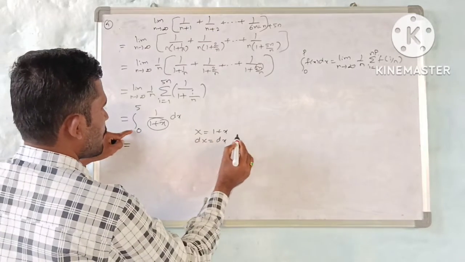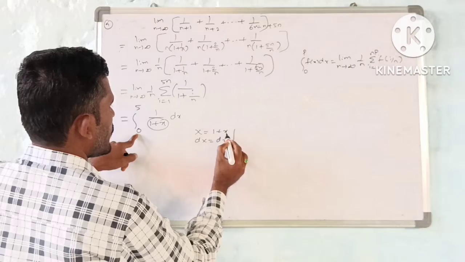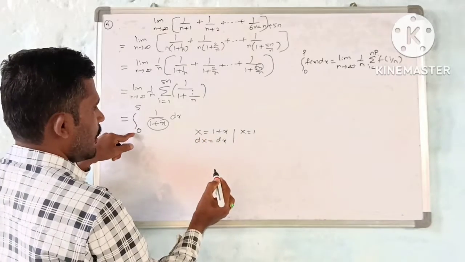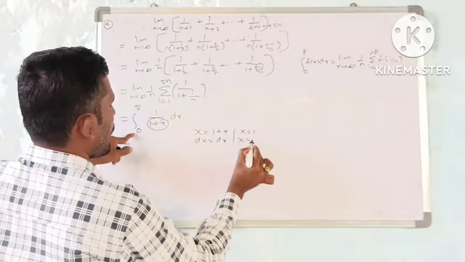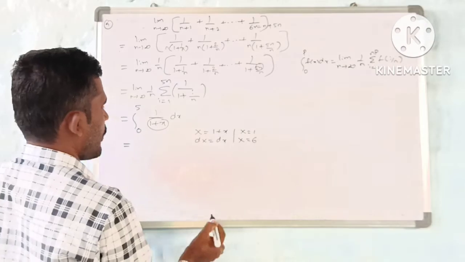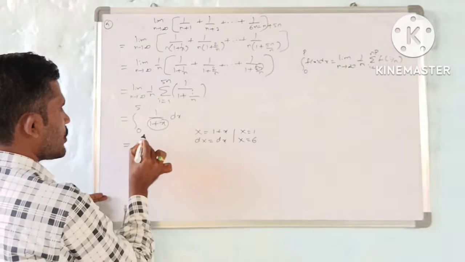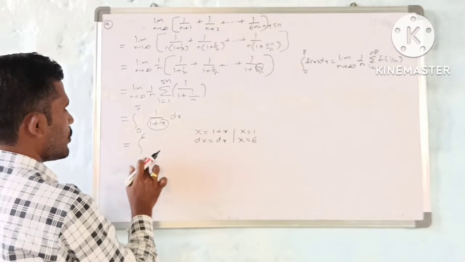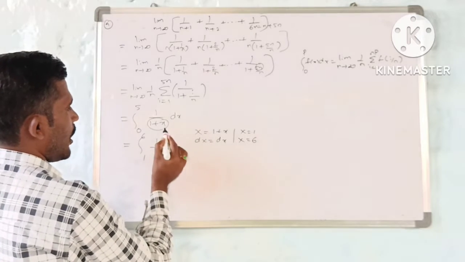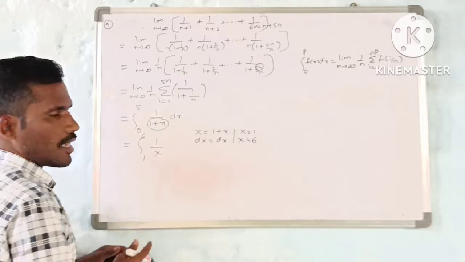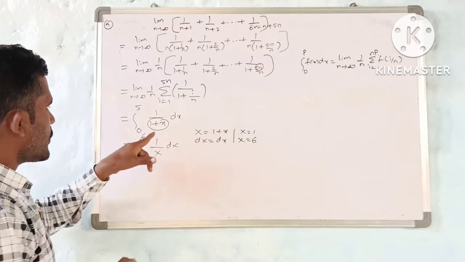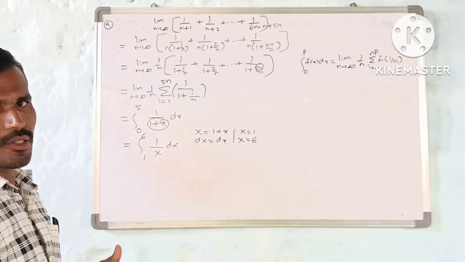When I take the lower limit x equal to 0, I get 1 only, and when taking the upper limit 5, 1 plus 5 is 6. So the limits are 1 to 6, with 1 by capital X, where capital X is 1 plus x, and dX is dx.